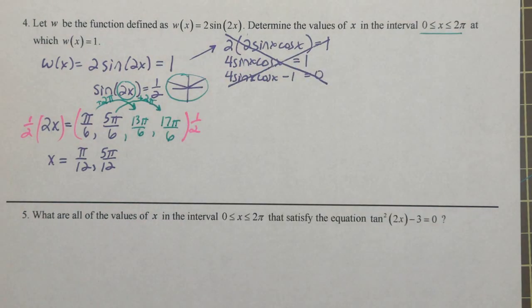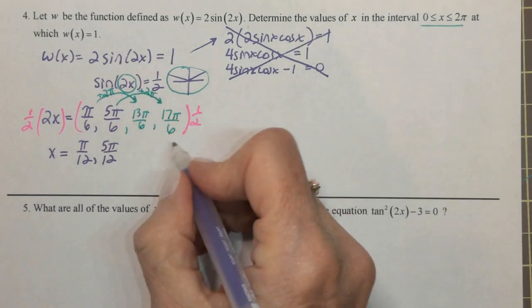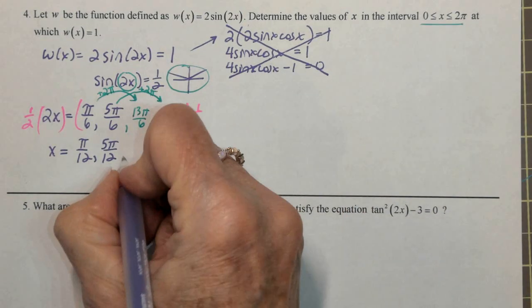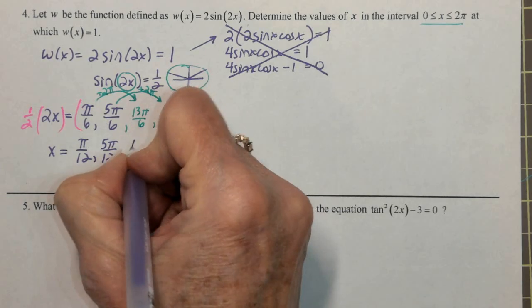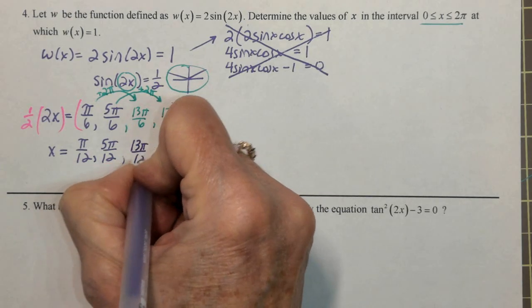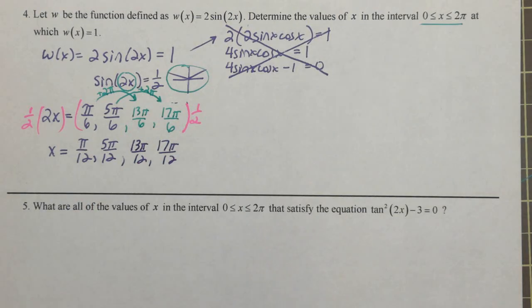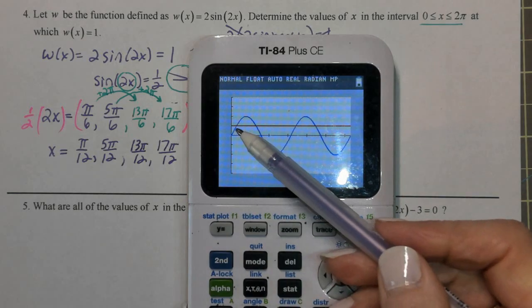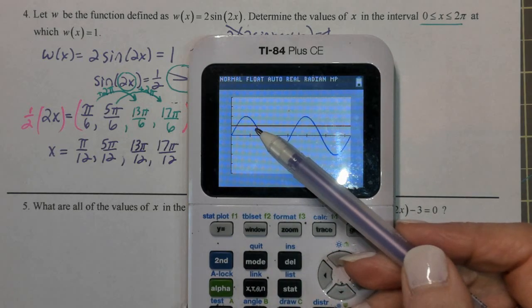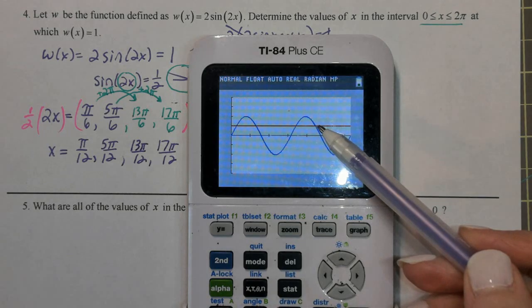So that's why I put the end of the parentheses over here. Then when we divide by 2 or multiply by a half, we're going to get 13 pi over 12 and 17 pi over 12. So this was pi over 12, 5 pi over 12, 13 pi over 12, and 17 pi over 12.